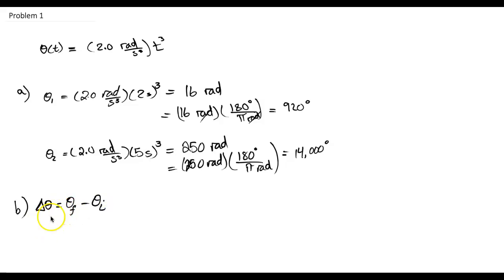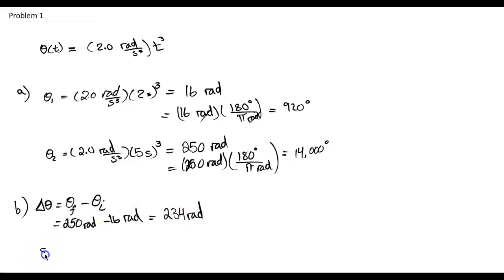In the previous chapter, chapter 3, we used delta x equals x final minus x initial, but now we're talking about angles, so we will keep them in terms of radians. The final angle was 250 radians minus 16 radians, and we get 234 radians.